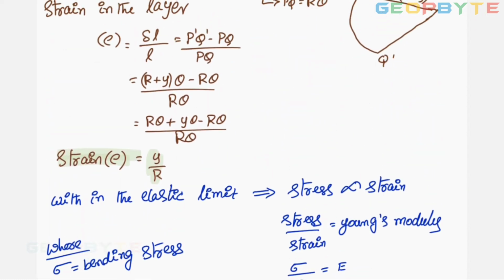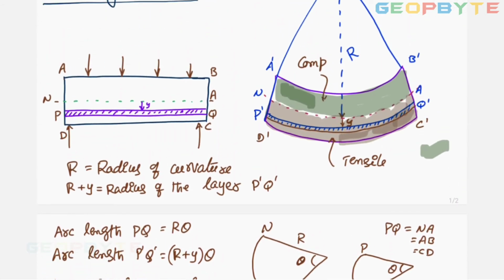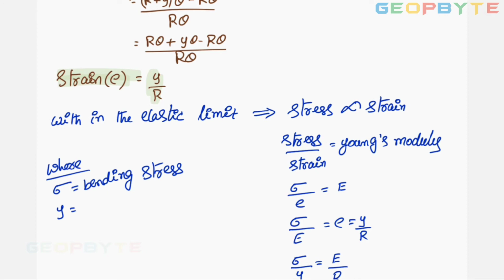Look at the y: y is the distance from the neutral axis to the layer.